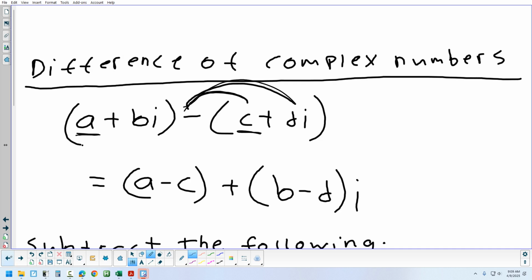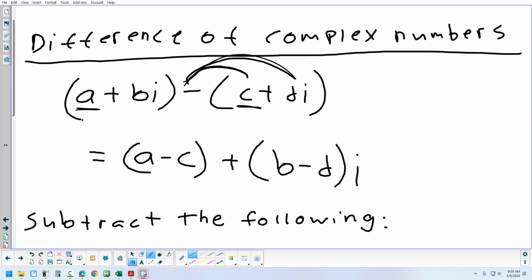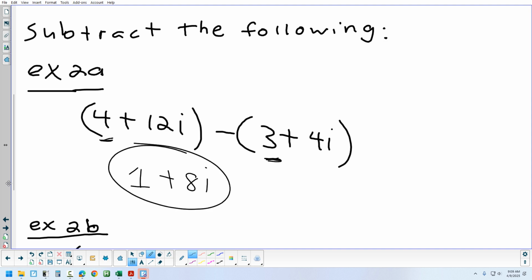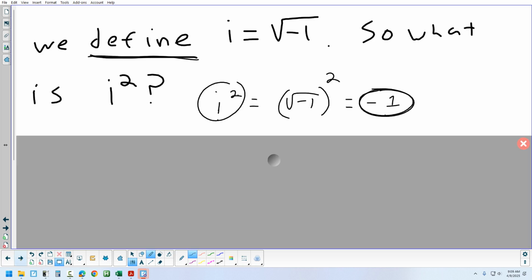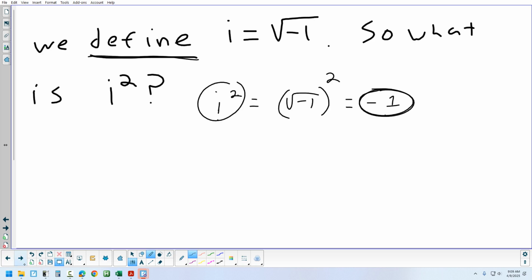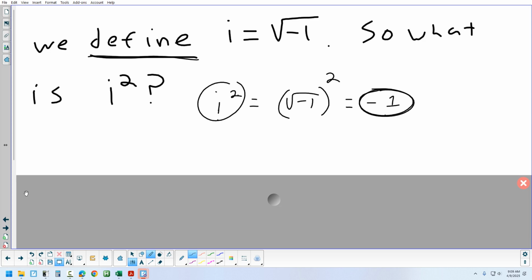If you do subtraction with imaginary numbers, and you started with real and imaginary, a lot of times you end with real and imaginary. The i's don't just disappear. The only way they could is if you had a 12 and then a negative 12. Then they could cancel out. Any question on that?